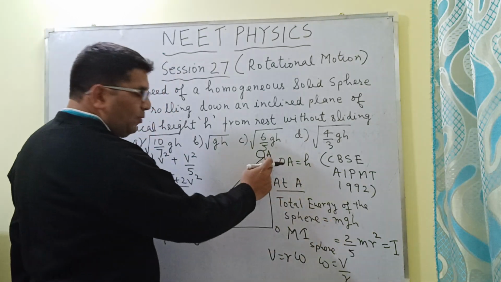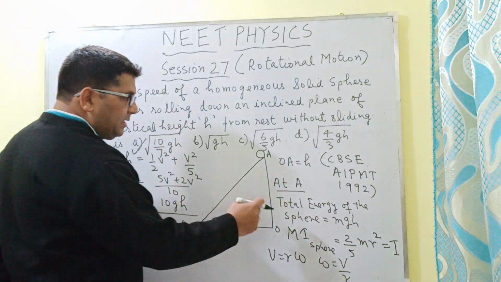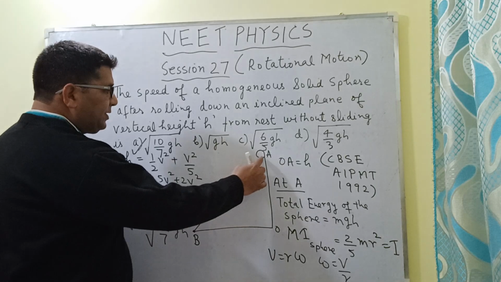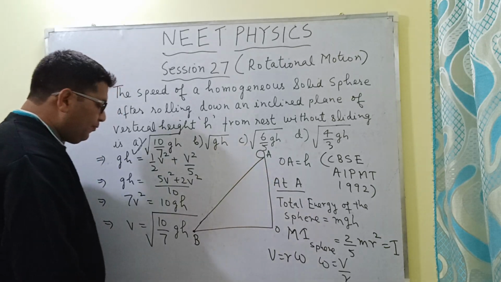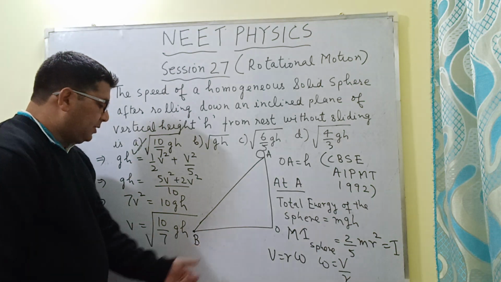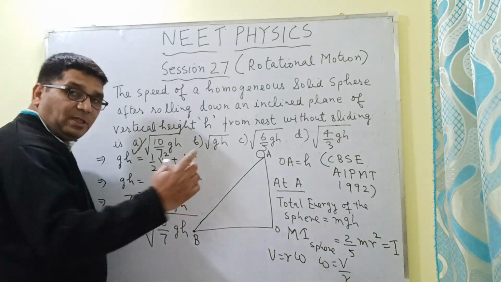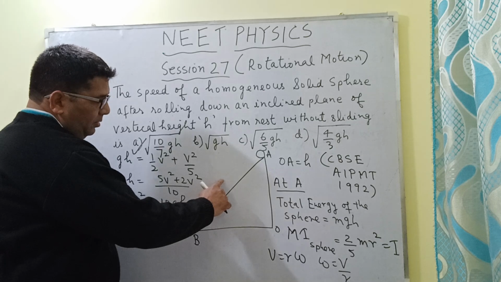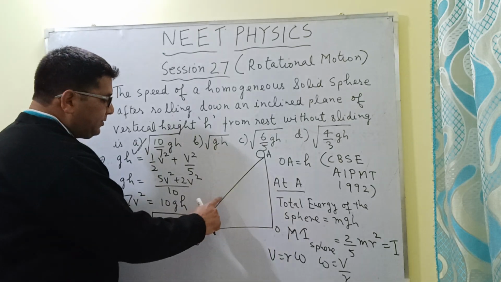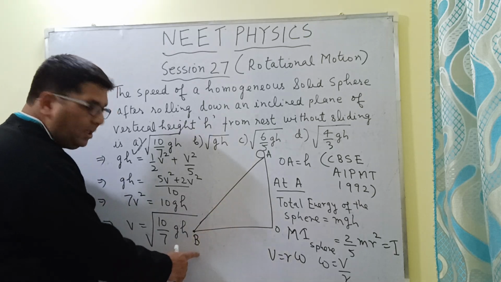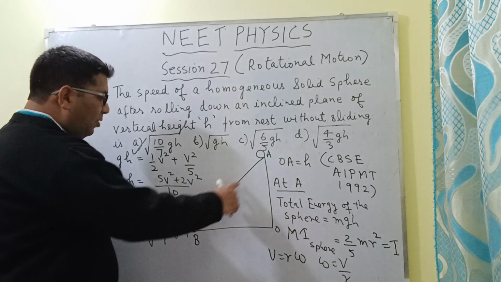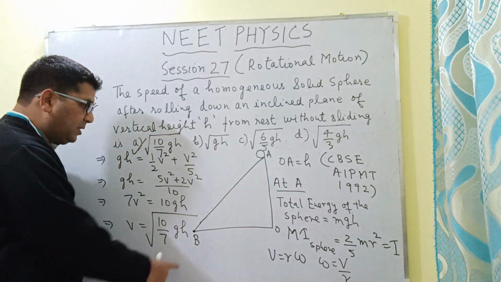That is, it had potential energy by virtue of the vertical height of this inclined plane, and this energy got converted into the sum of the rotational kinetic energy and the translational kinetic energy at the point B. That is, at point B, this entire energy got converted into kinetic energy.